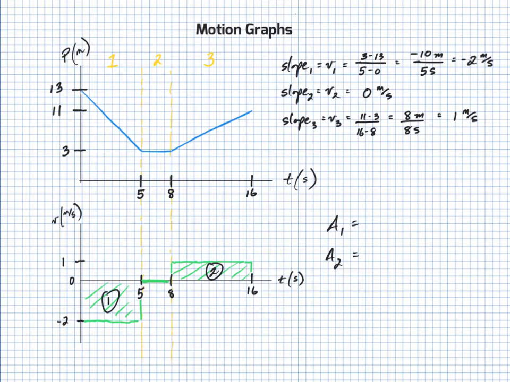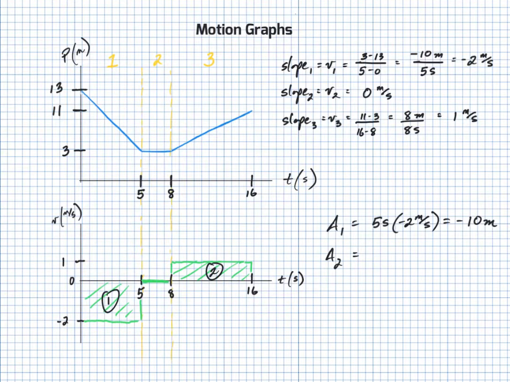We know that the area of a rectangle is base times height, so our base for area 1 is 5 seconds, and our height is negative 2 meters per second. If we calculate that out, we're going to get negative 10 meters. That's going to be our area for area 1.